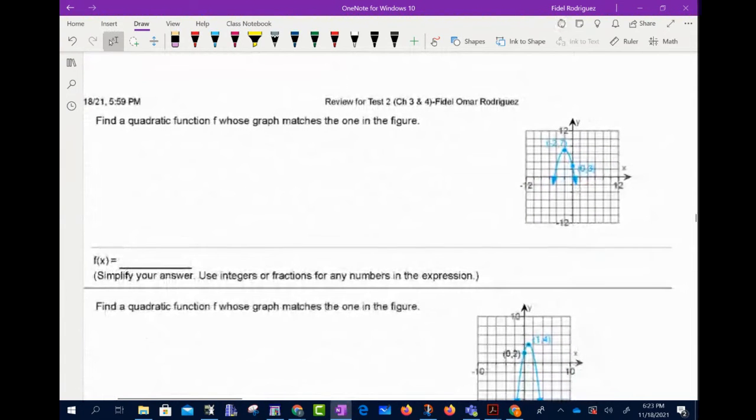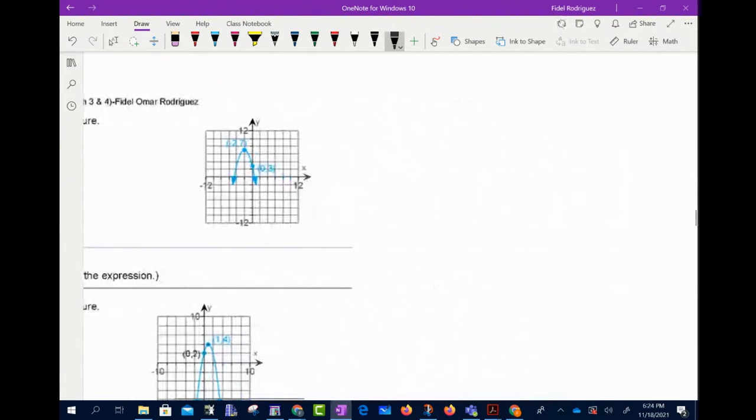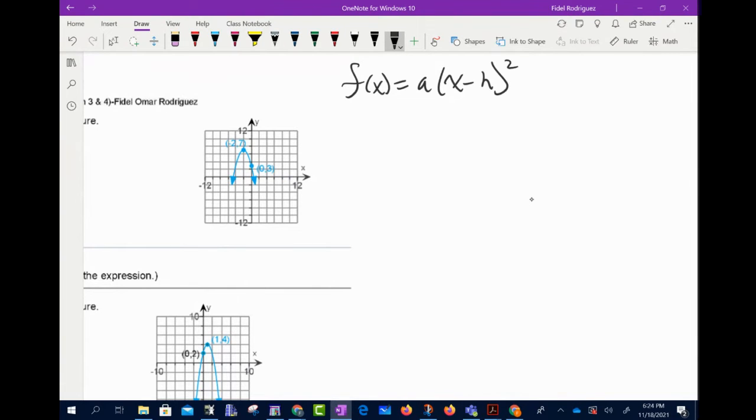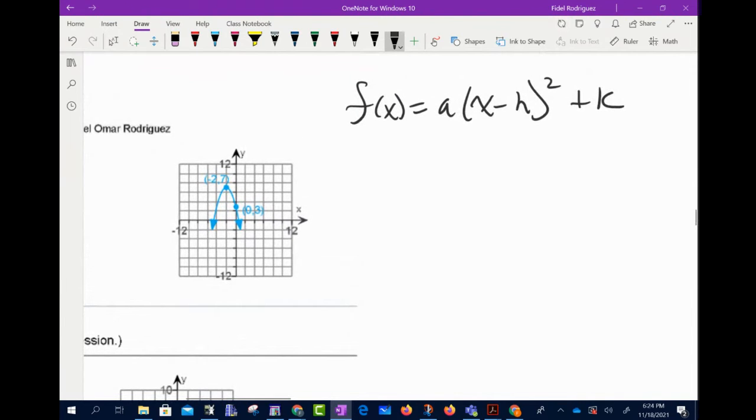Okay, so what we're basically going to do, just like the way I was writing the equation that we had before, I'm going to do this on the side because I got a little bit more room. So f of x equals a times x minus h squared plus k. Here's my parabola.